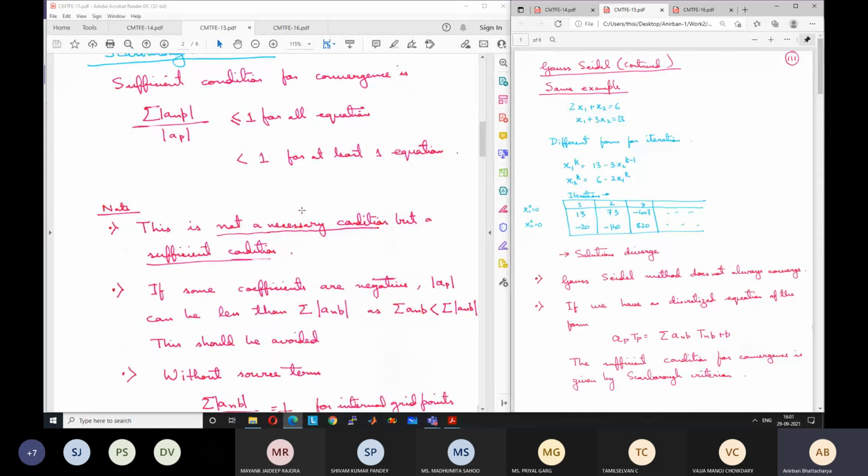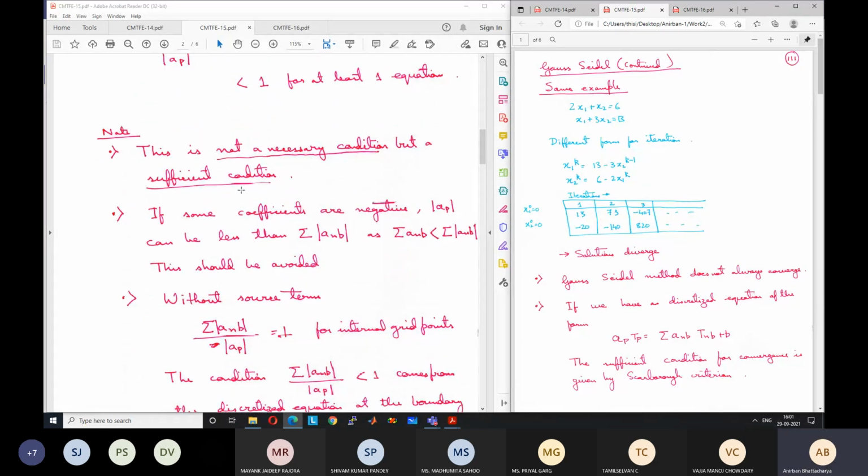Okay, so in the discretized problem that we have seen till now, you will have noticed that without any source terms, this AP is equal to summation of A and B. AP is equal to summation of A and B without any source term.